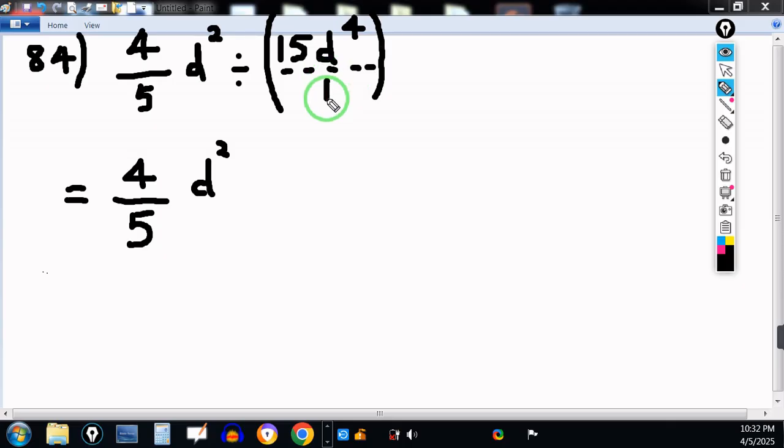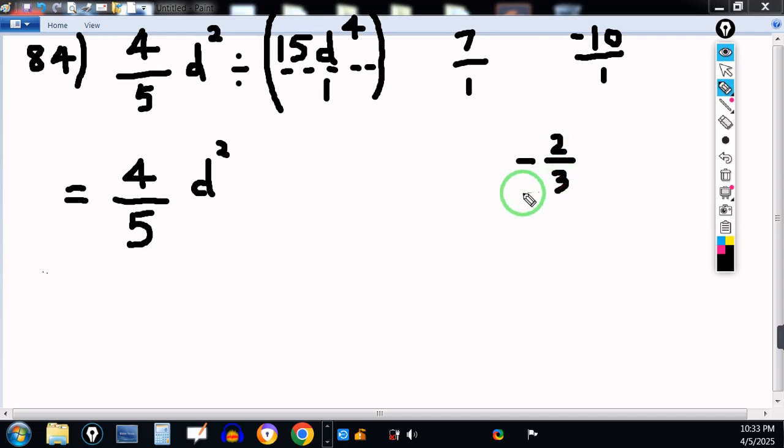Put that as over 1. Like 7 means 7/1. Like minus 10 means minus 10 over plus 1. But at this same thing over here, the meaning of minus 2/3 has two meanings.